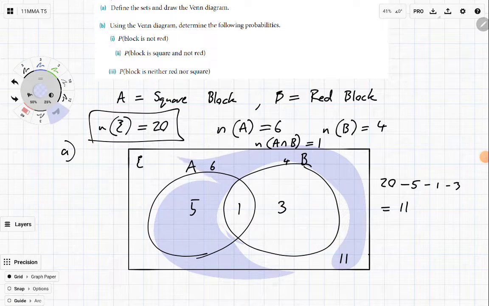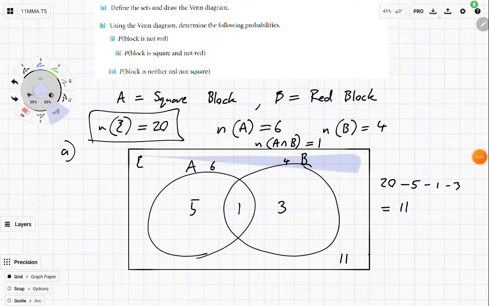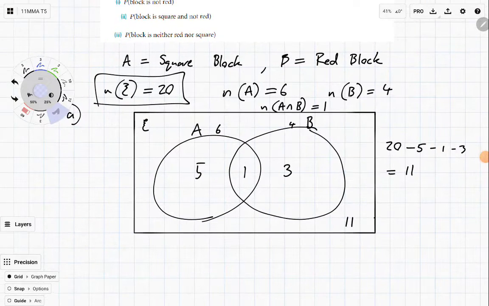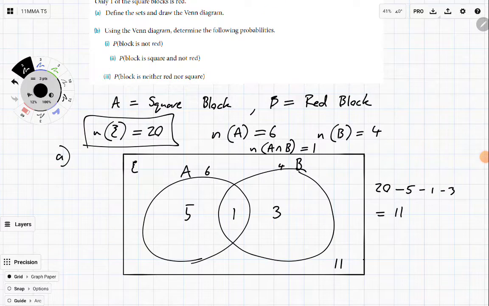So that would be 11 and 5. 11 and 5 make 16 over 20, which is the total number, which simplifies down to 4 over 5.